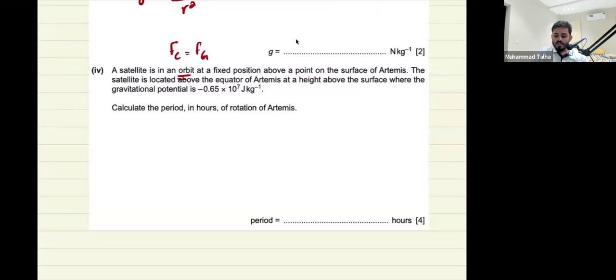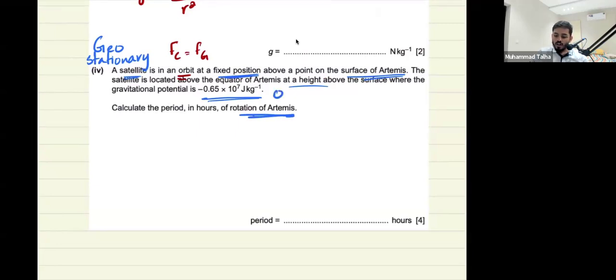But this orbit being such that it's always at a fixed position above the surface of Artemis means that this satellite is in a geostationary orbit because it always appears at the same position. And now if it's in a geostationary orbit at a height of this much, wherever the gravitational potential is this much, so I know whatever the time period of rotation of that satellite would also be the time period of rotation of Artemis. That's the logic at play here.